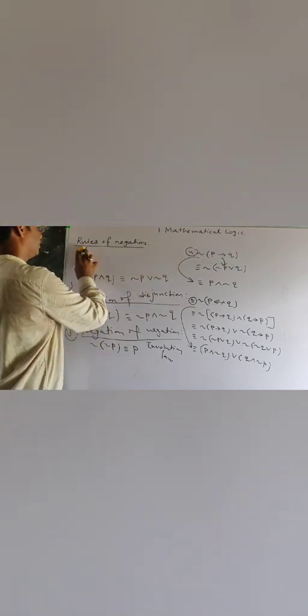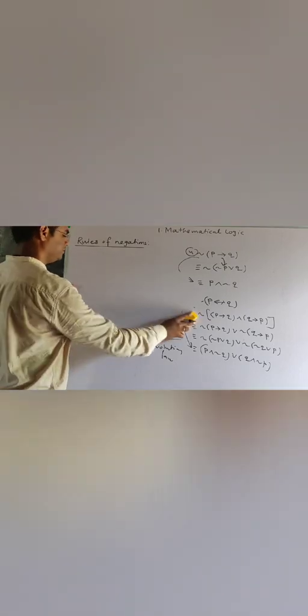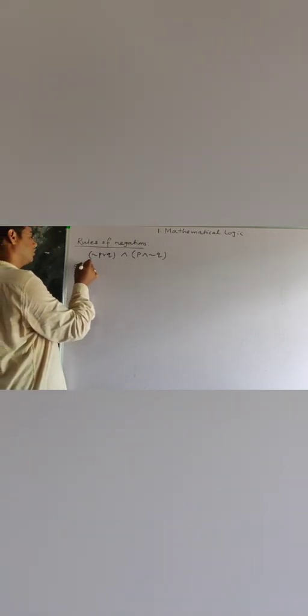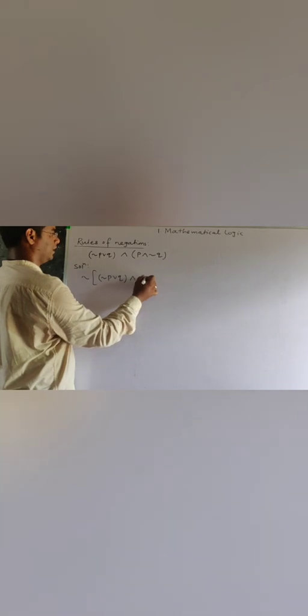So let us see examples based on these 5 rules. Write the negation of the following statement pattern. Suppose we have to write the negation of (negation of P or Q) and (P and negation of Q). Take the entire negation of this statement. First use De Morgan's law.